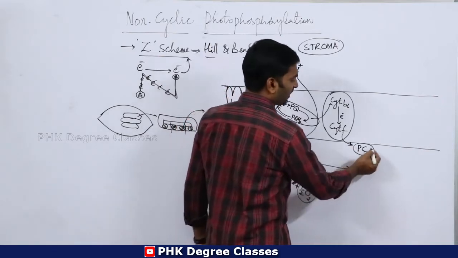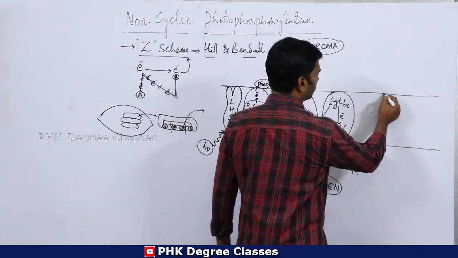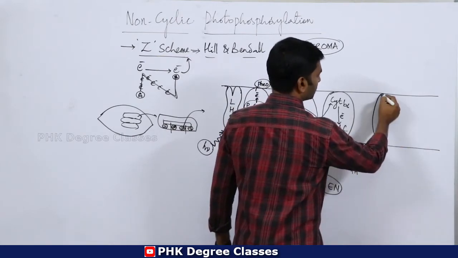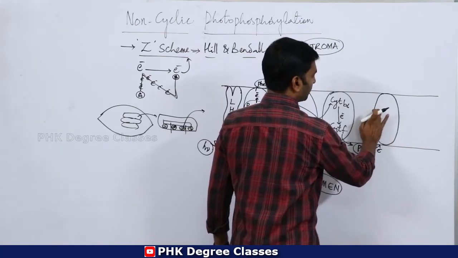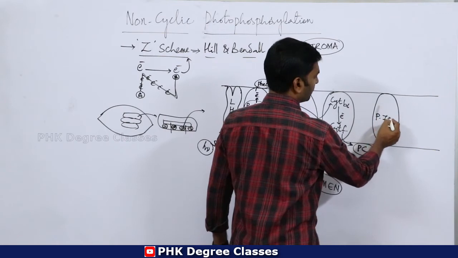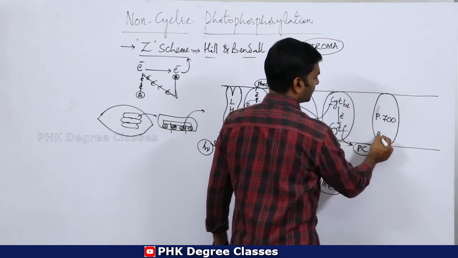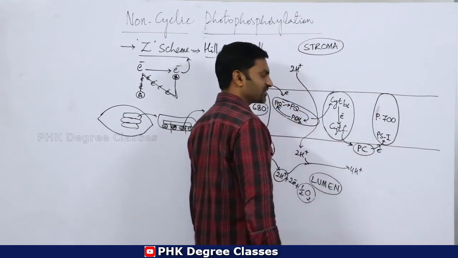Finally this electron from plastocyanin reaches PS1. This is PS1, means P700.